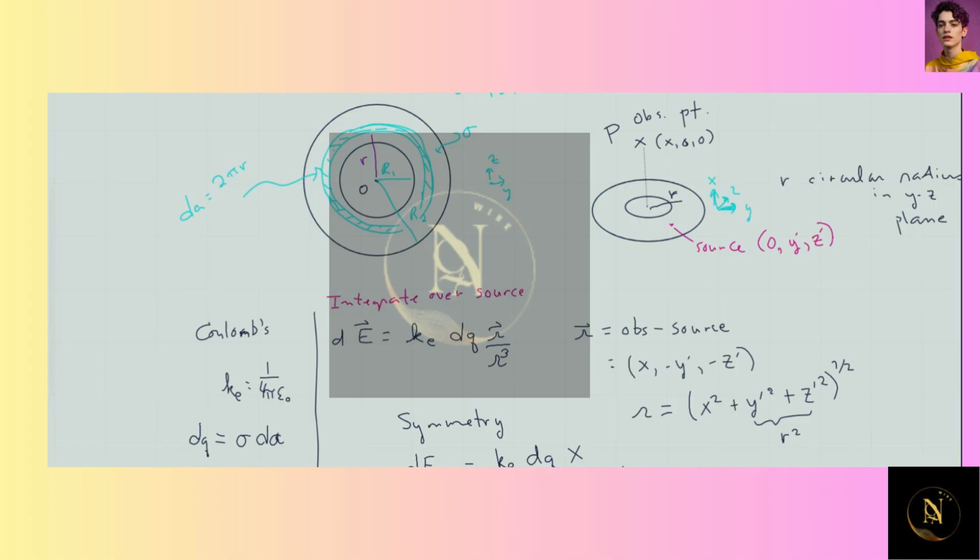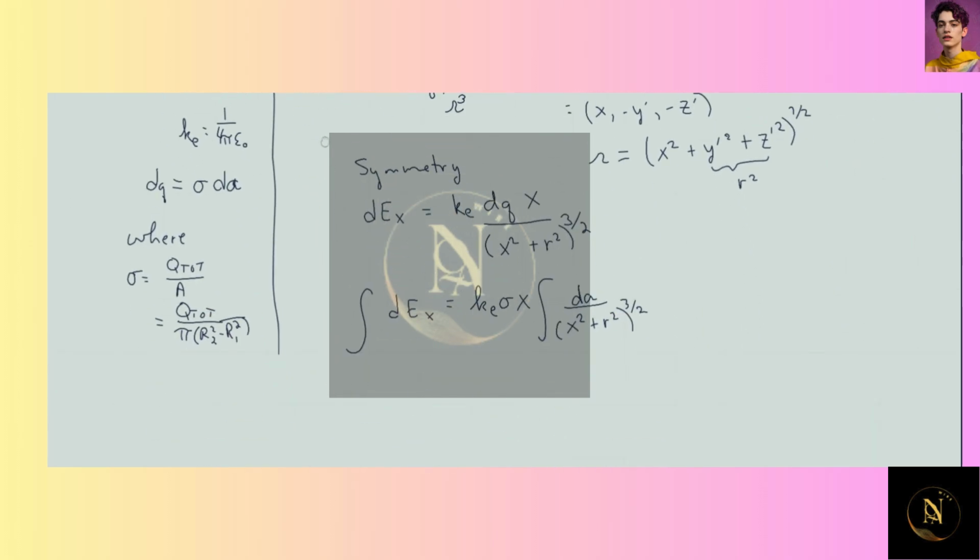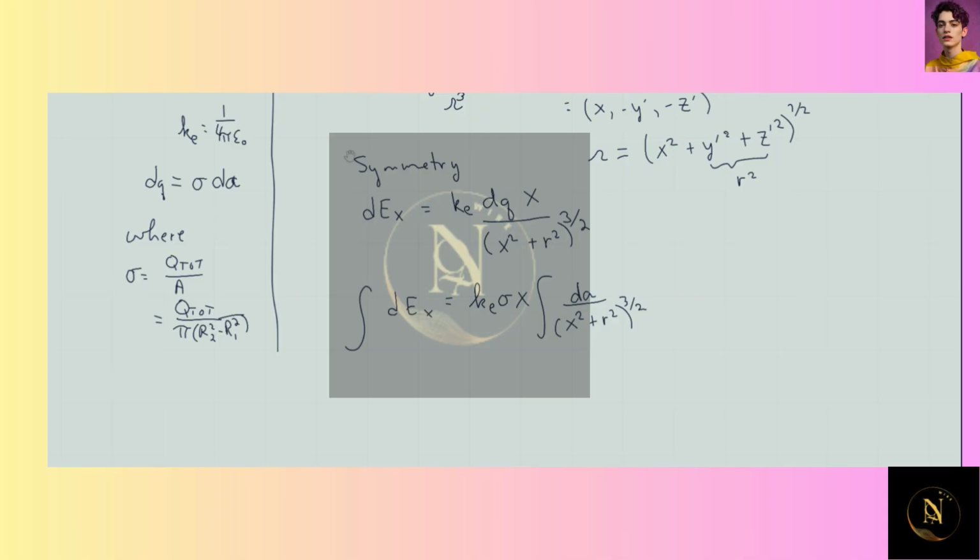And it has a width of dr. So that's the length times the width for that little differential area. Yes, we are going to be integrating over those rings, and the coordinate that gets integrated over is our little r, which goes from r1 to r2. So we're finally ready to do the integral.